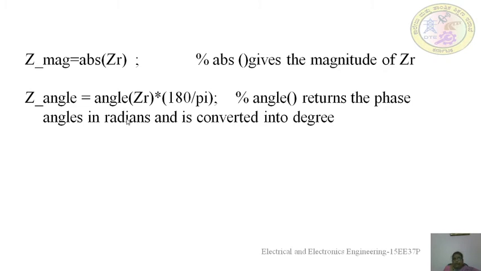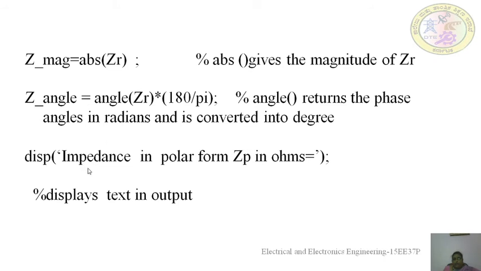So now I can express the impedance in the polar form. Now display impedance in the polar form ZP in ohms. So this is going to get displayed as a text in the output.